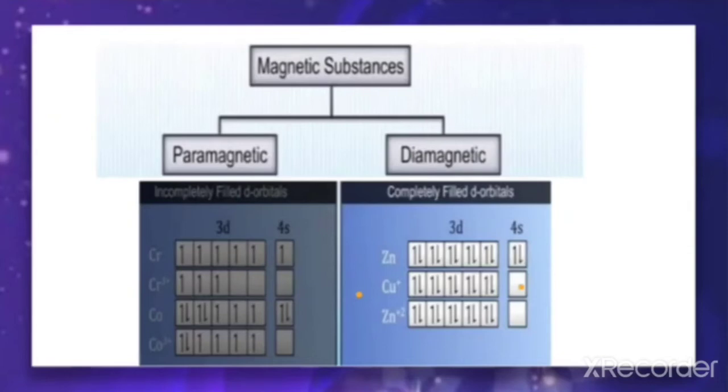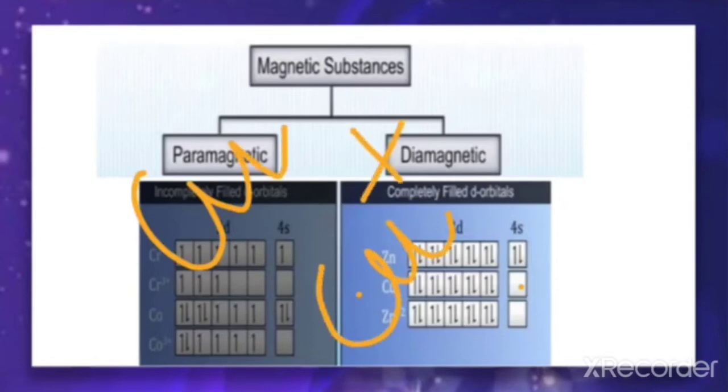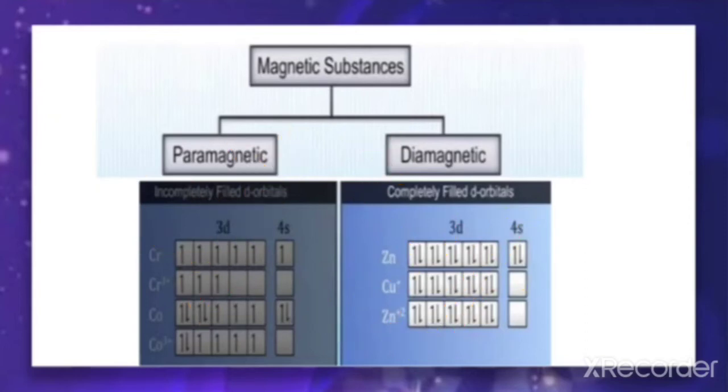So copper is paramagnetic because of one unpaired electron, but Cu+ is diamagnetic, because all electrons are paired in the copper ion, whereas in copper there is one single unpaired electron. Therefore it shows paramagnetic behavior.